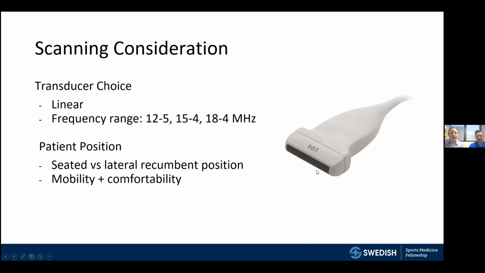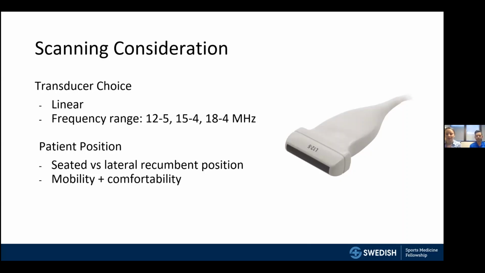So just getting our patient set up for the actual ultrasound, we always use a linear transducer, and these are the range of transducers that we have in our clinic that we use frequently. We have the patient sit on a stool, and we have a few pictures coming up where you'll get to see that.